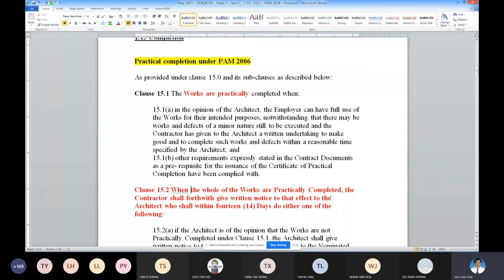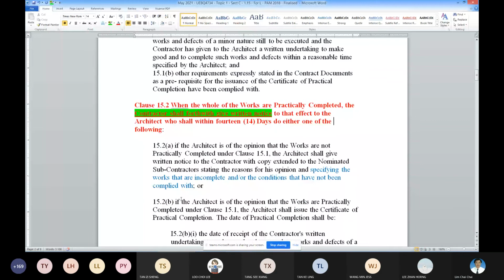So it is important the contractor shall forthwith, which means immediately, give notice to the architect, either 15.2a happening or 15.2b that is happening.